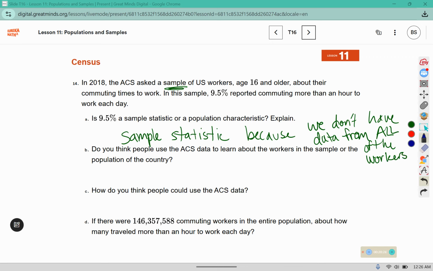Do you think people use the ACS data to learn about the workers in the sample or the population of the country? Well, even though we used a sample statistic, we're using that information to help us generalize patterns or trends that would apply to the entire country.